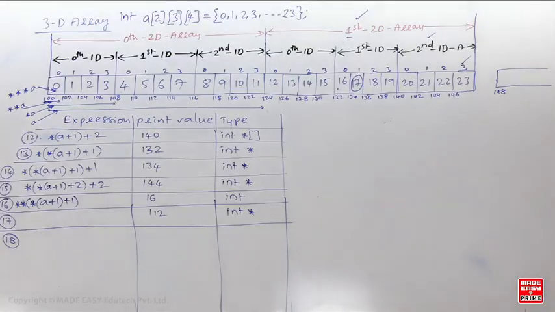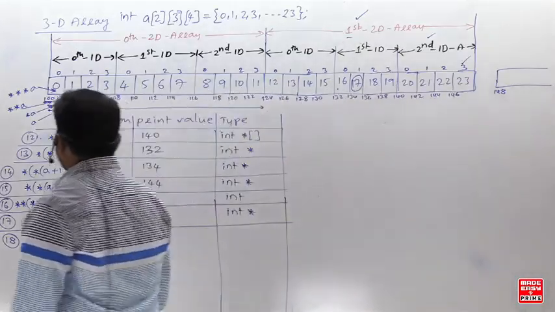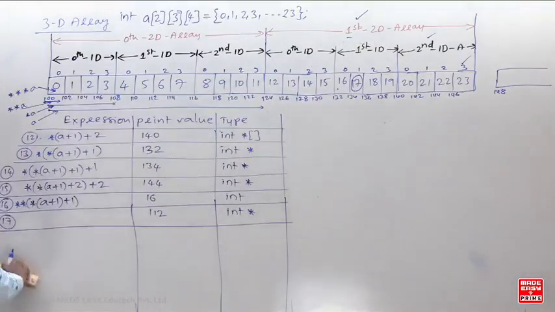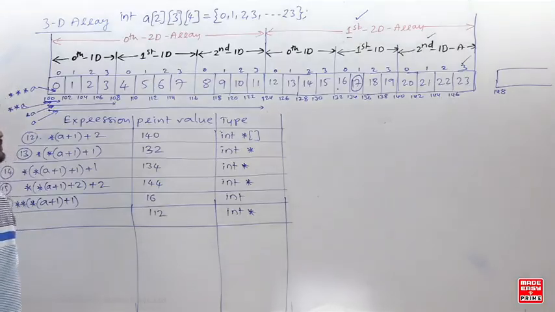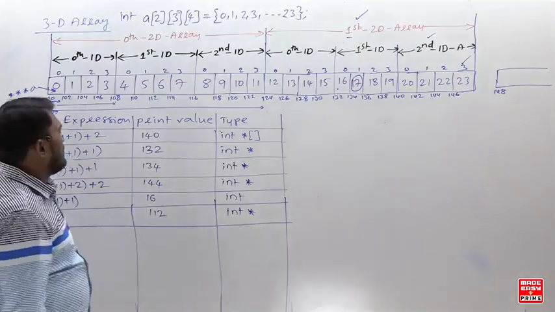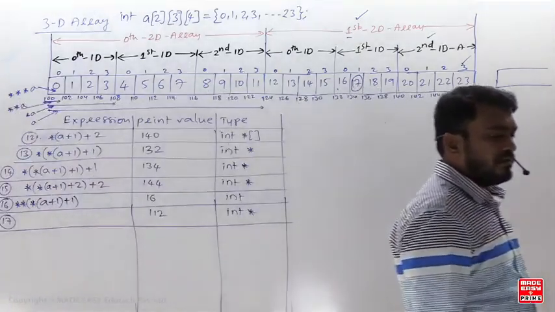Previous question was 1, 2, 3, that is 23, A of 1, 2, 3. Right? Okay, tell me this one: 112, type is int star. Tell me the expression.